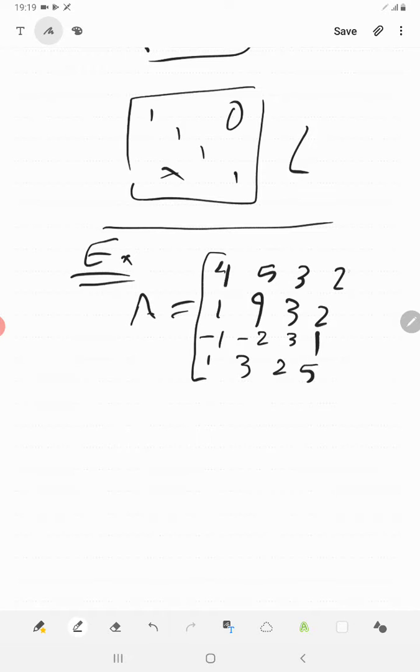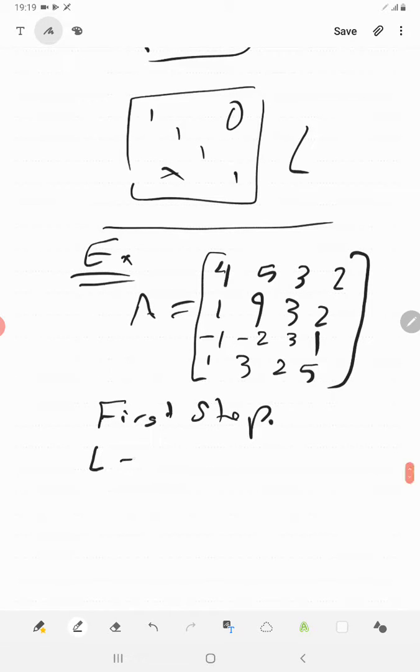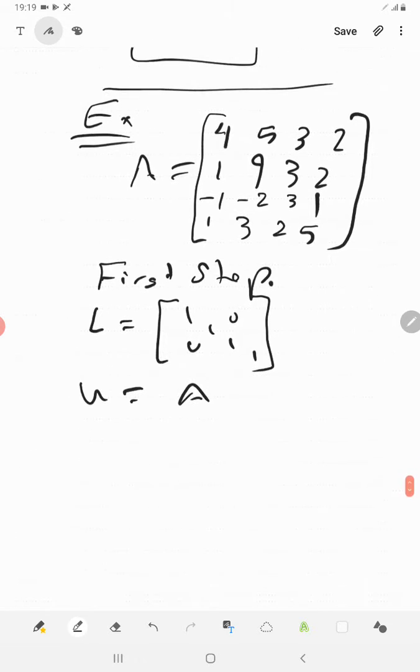This is the matrix A, as you see it in MATLAB. Now what I will do is modify that. I'll construct this first step. I will assume that I have L equal to the identity matrix, 1, 1, 1, 1, 0, 0, and U equal A. Okay, that's the first step.